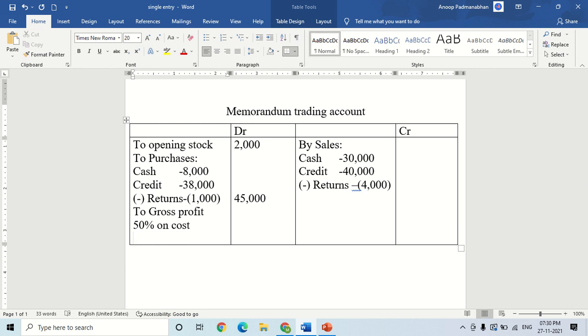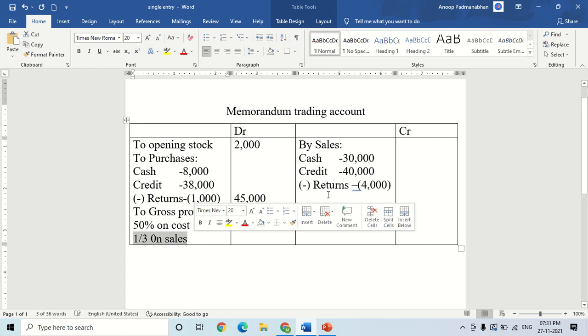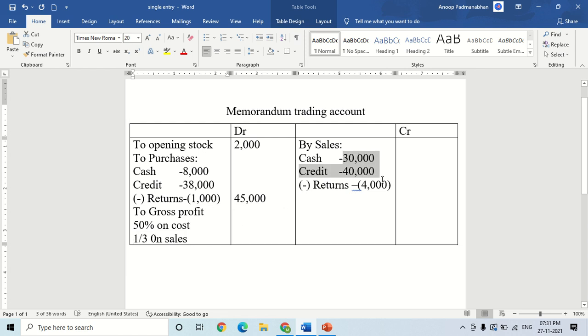So what I can do is take profit on sales. 50% on cost is also called 1 by 2 on cost, and I know 1 by 2 on cost is equivalent to 1 by 3 on sales. Why am I using 1 by 3 on sales? Because I know the sales data here. I have all the sales data in my question. Sales will be coming as 66,000.